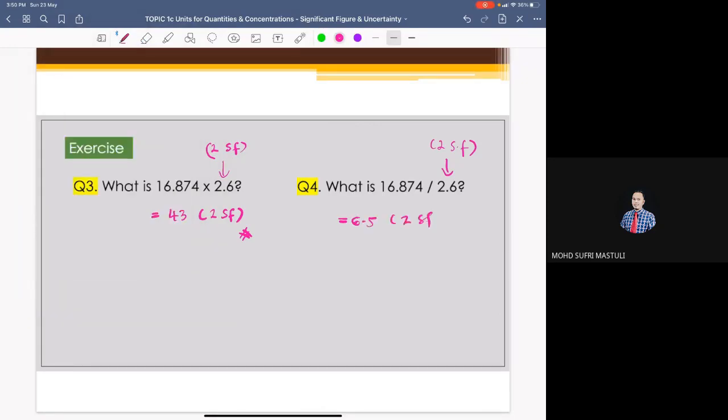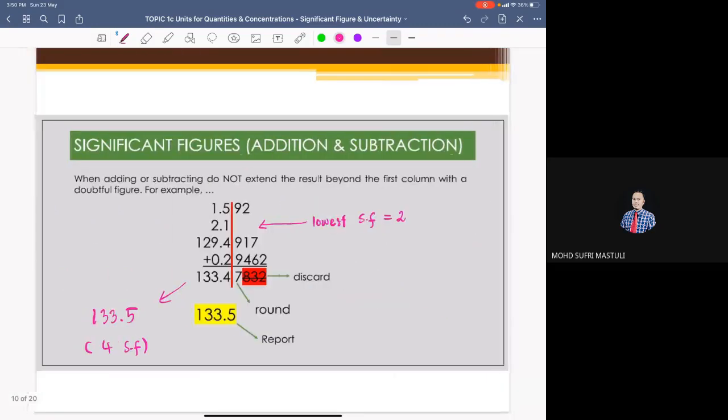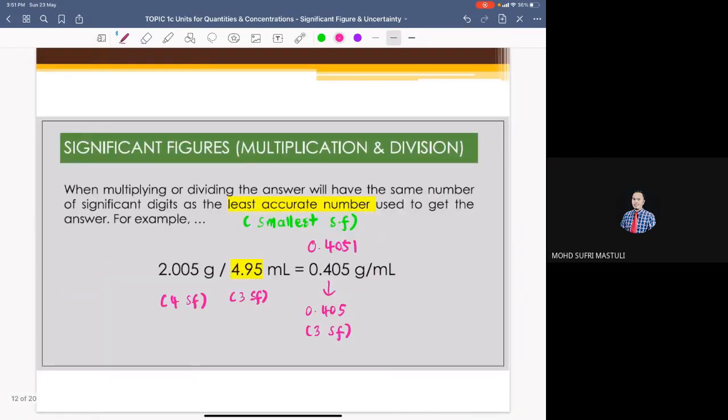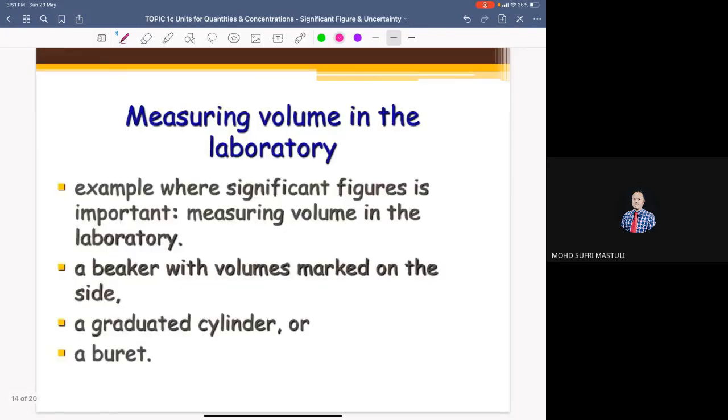I hope you can understand how to write the correct answer based on significant figures for addition and subtraction, as well as multiplication and division.